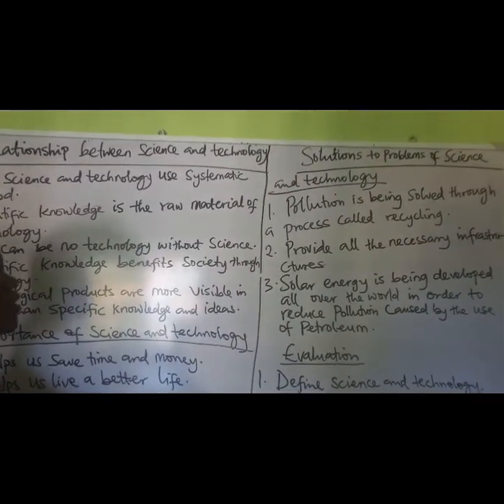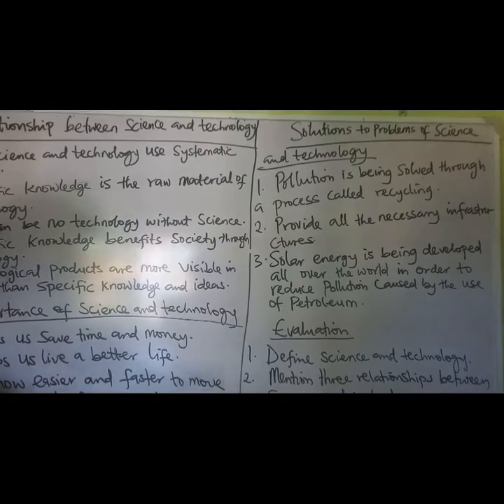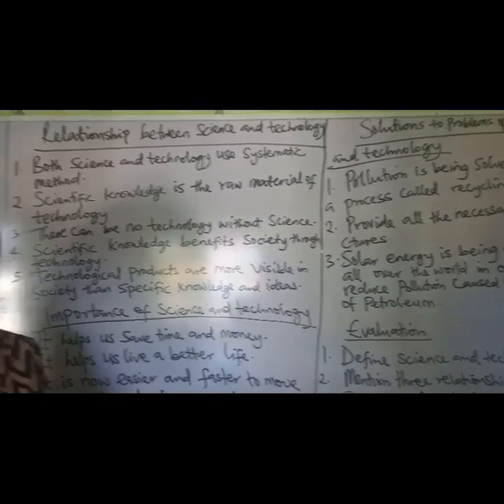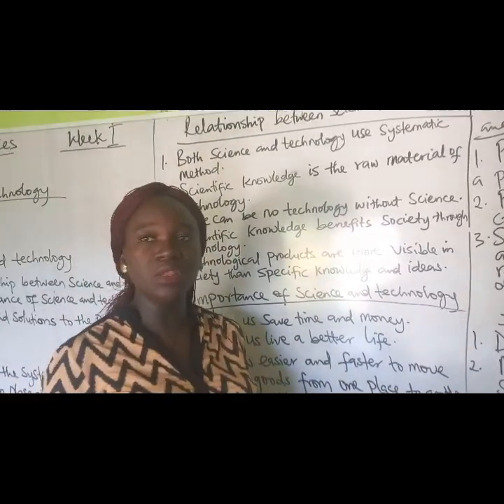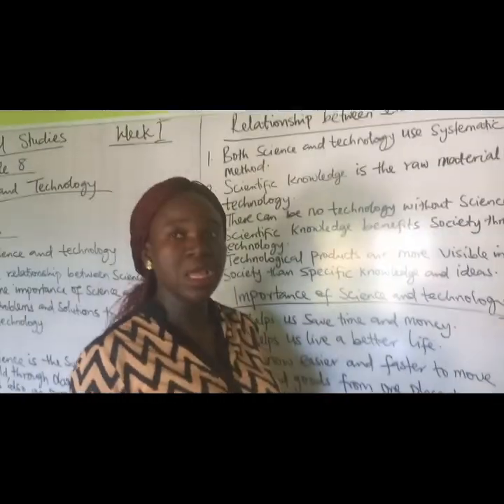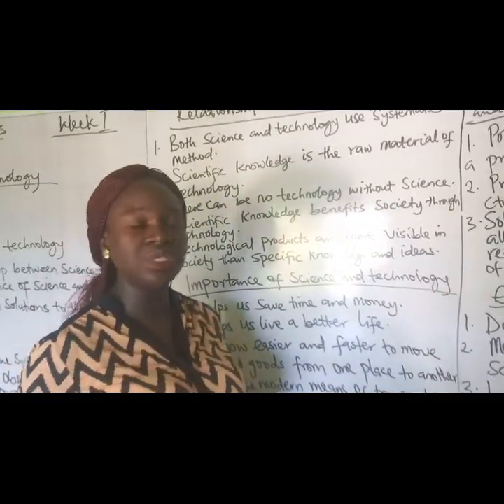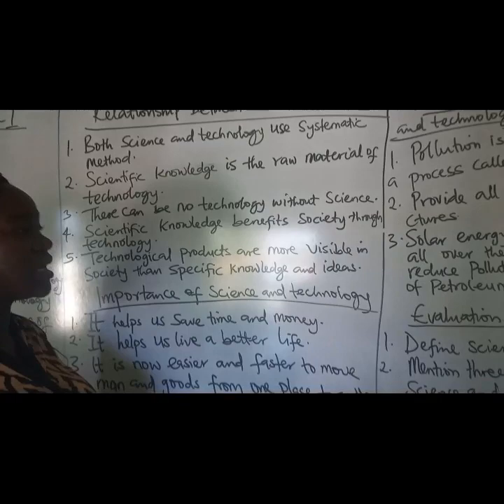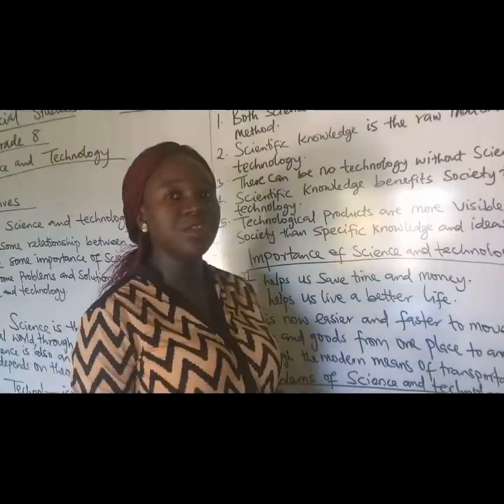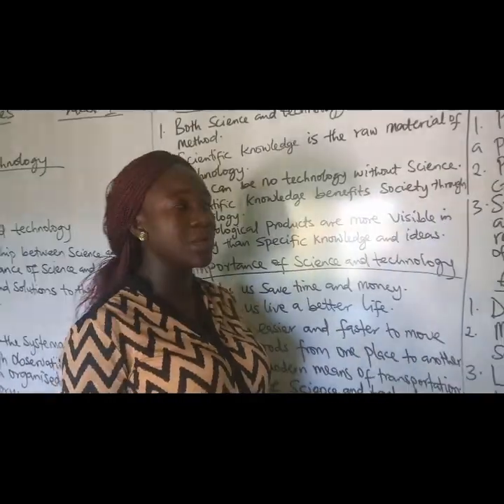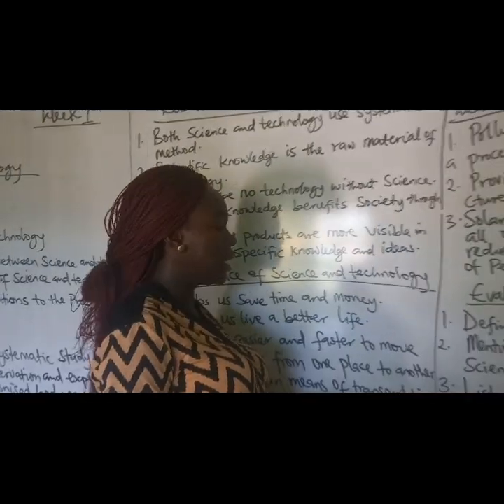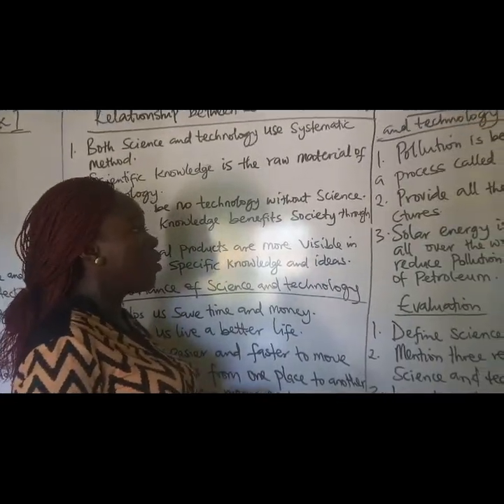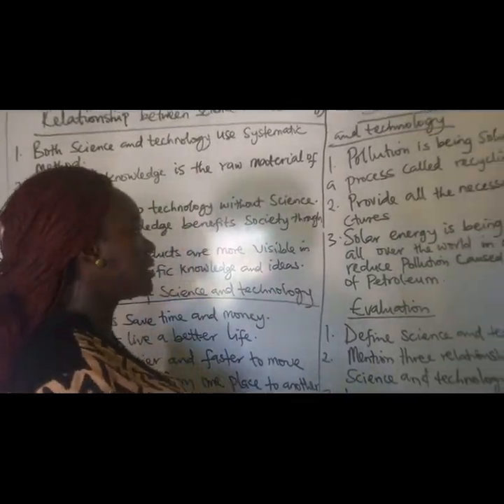Then again, it provides all necessary infrastructures. We need to give ourselves knowledge of their use, like good roads, for the prevention of accidents, and in our factories, the necessary materials that we need, and what and how to use them.